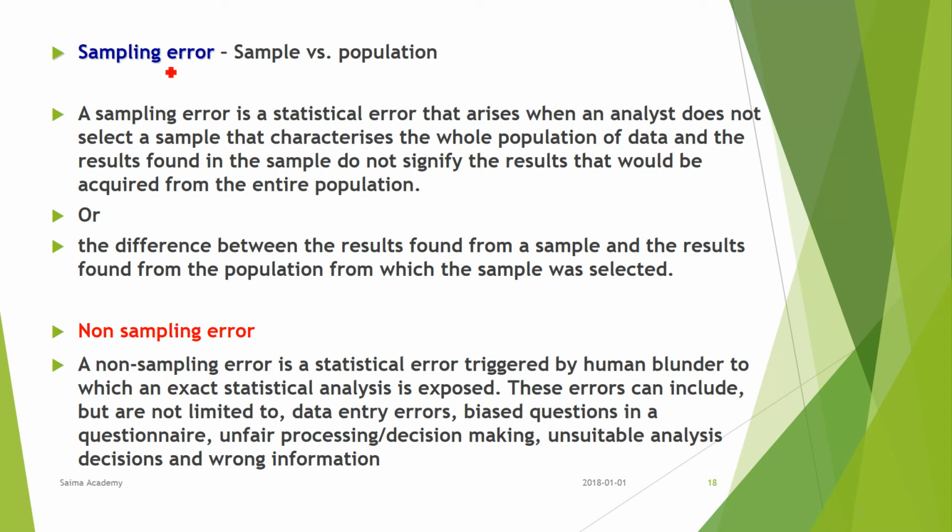And then there is the sampling error, sample versus population. A sampling error is a statistical error that arises when an analyst does not select a sample that characterizes the whole population of data, and the results found in the sample do not signify the results that would be required from the entire population.